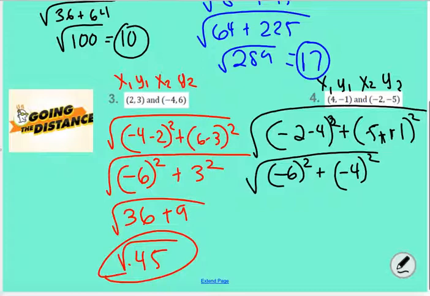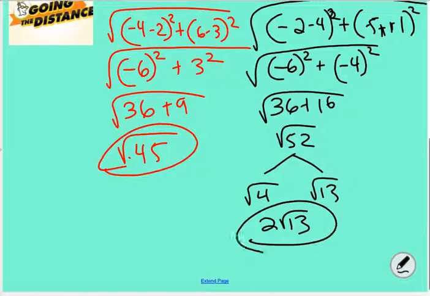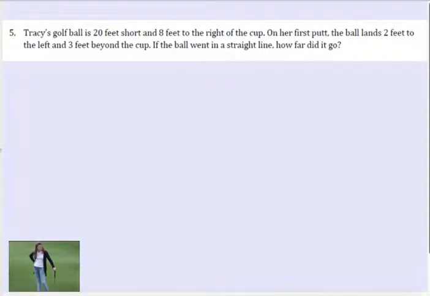So that's going to be negative 4. So this becomes positive 36 plus 16. So that becomes square root of 52. If you left it as square root of 52, that'd be fine. If you really want to impress me, simplify it. Give me 2 square root of 13. That would be an awesome answer. Again, think about the context of the problem. If they actually want a distance, give them the decimal. Otherwise, a simplified square root would be awesome.